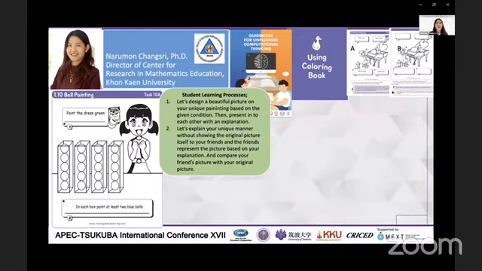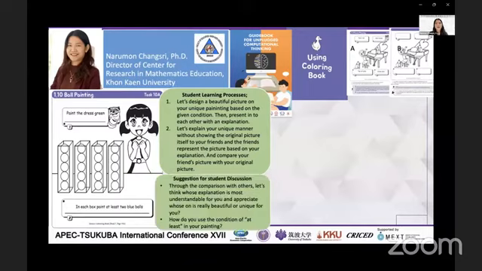The first, let's design a beautiful picture with your unique painting based on the given condition, then present to each other with an explanation. The second, let's explain your unique picture without showing the original picture itself to your friends, and the friends represent the picture based on your explanation, and compare your friend's picture with your original picture.